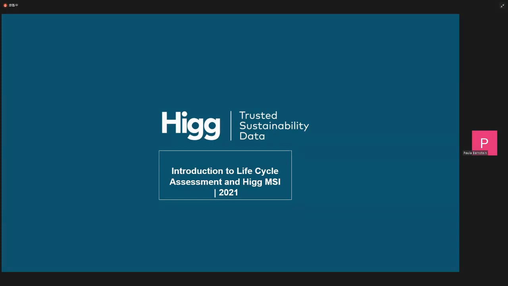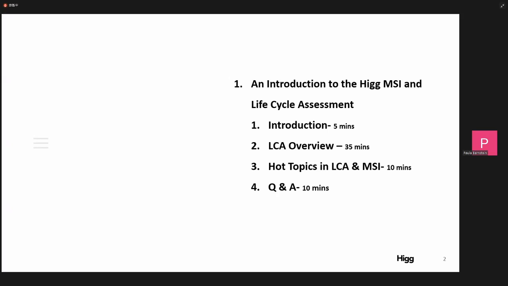So let's get started. For our agenda today, we're going to do an introduction to life cycle assessment. That will include how the MSI leverages LCA data to assess environmental impacts of materials. I'm not really going to get into the mechanics of the MSI or give demos inside the tool.